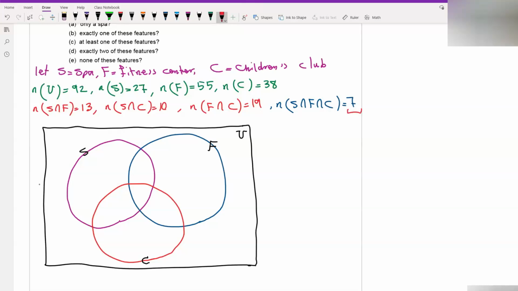So writing this one inside is 7. Now the intersection part between F and C, in total we have 19 members. But we already have 7 here between F and C. It's 19 minus 7, remaining is 12.